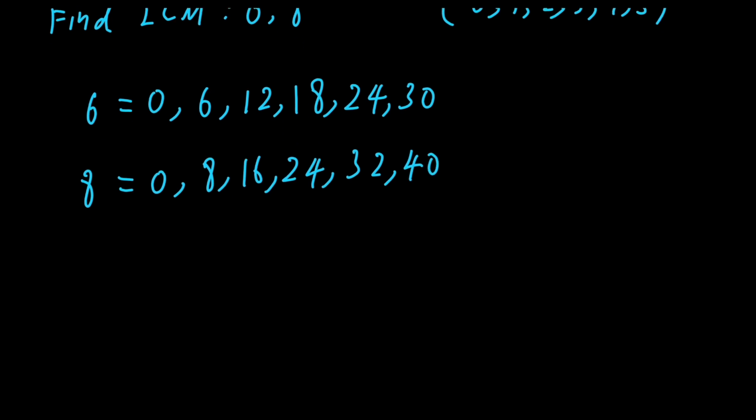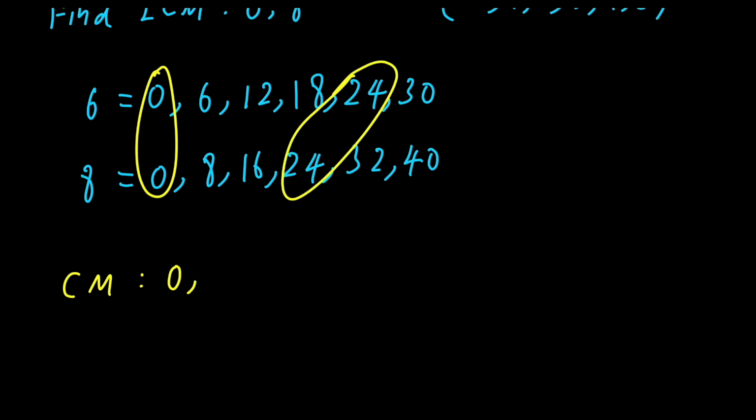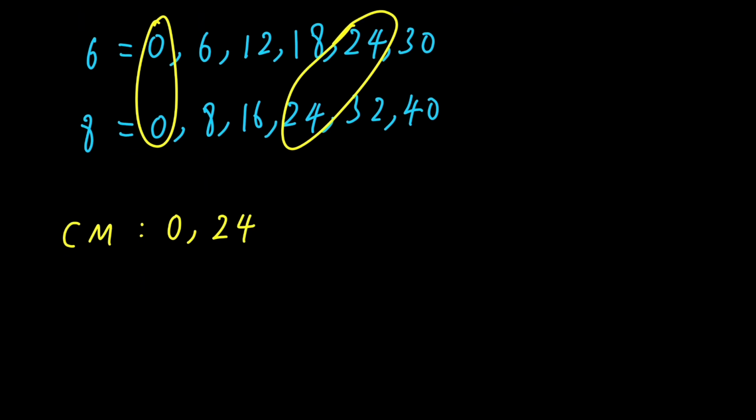Now, the common multiples, by comparing these two sets of numbers, 0 is a common multiple, and then looking through, 24 is another common multiple. Then the LCM, the least common multiple, or the smallest non-zero common multiple, will be 24.